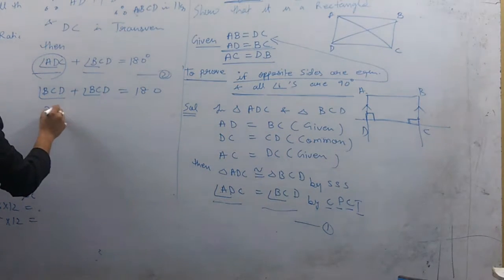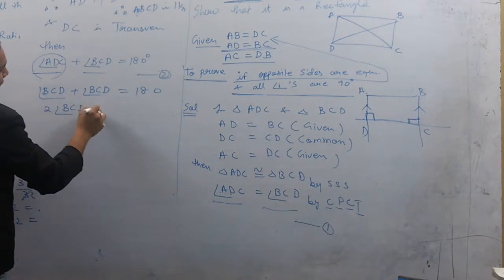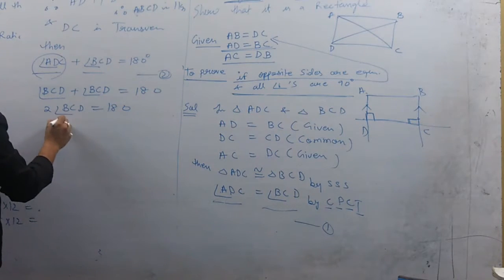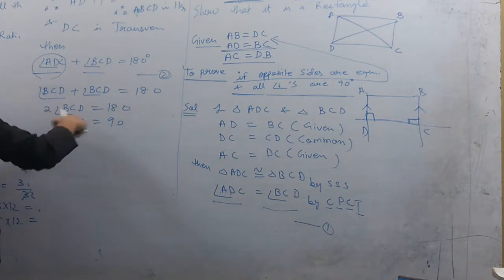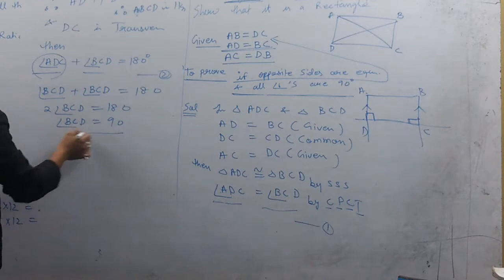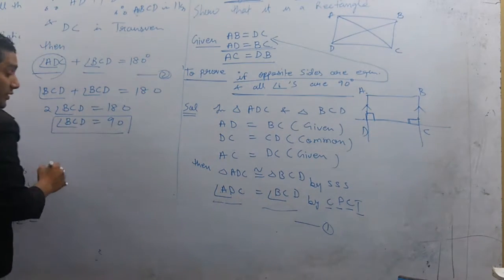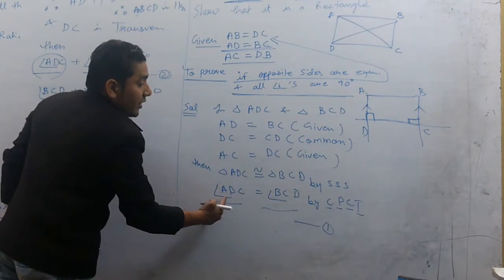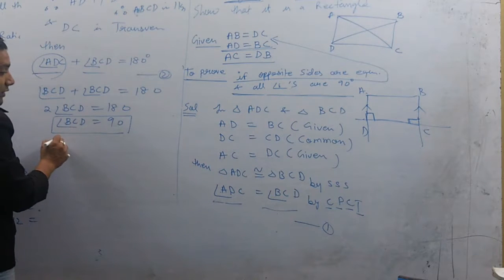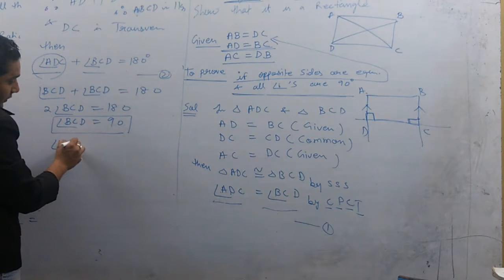Then 2 of angle BCD is equal to 180 degrees. Then angle BCD is equal to 90 degrees when dividing 180 by 2. BCD is equal to 90. If BCD is equal to ADC, then we can say ADC is also 90.